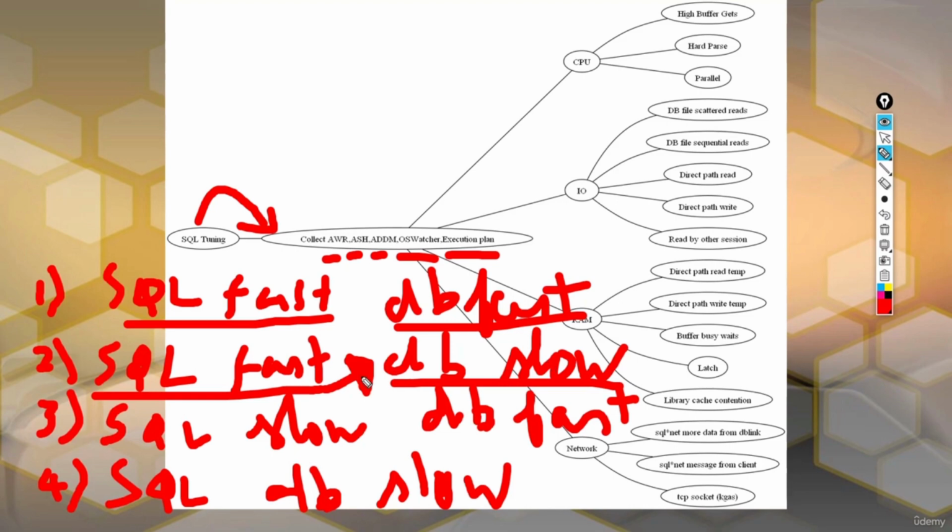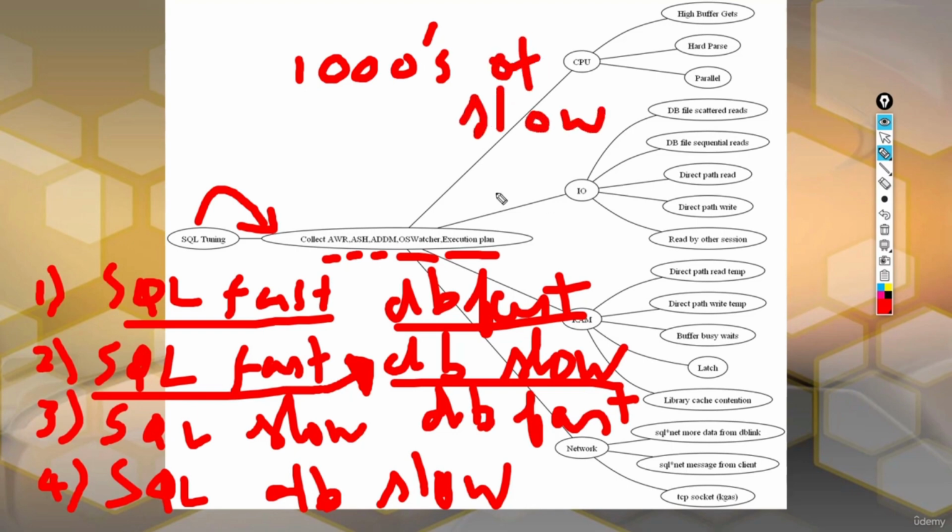So we have to check why this SQL statement is causing database slowness, right? As we have already seen, in a database, for example, there may be thousands of SQL queries running, right? So it is not efficient if a particular SQL statement is running fast and it is slowing down other SQL statements.